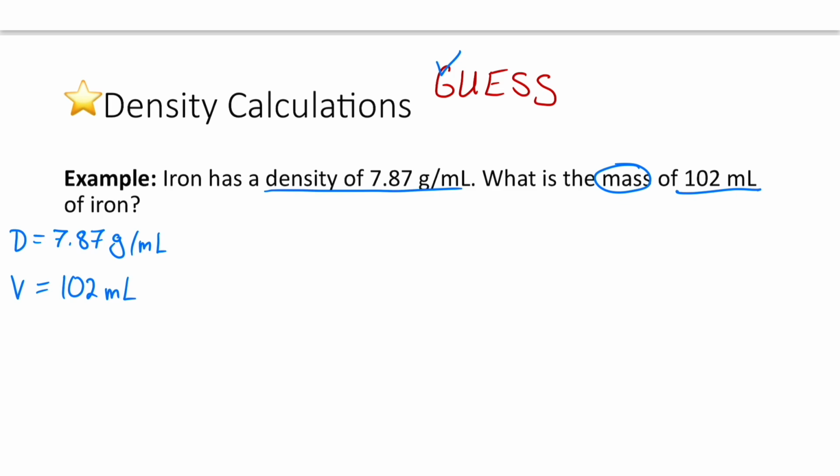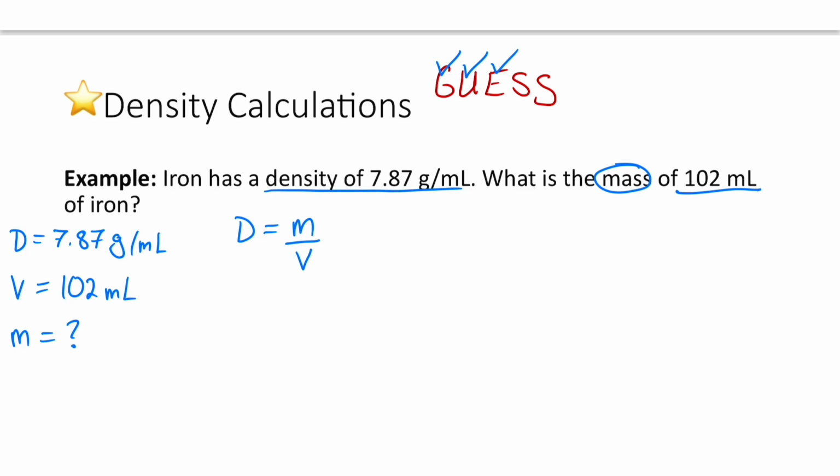Up next, unknown. Well, our unknown is mass. That's what they want us to find. Then our equation. Well, density equals mass divided by volume. Again, you could choose to first rearrange this to solve for mass, or we can go straight to the substitute step.